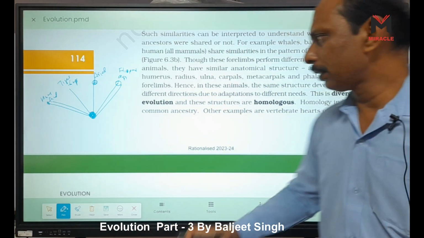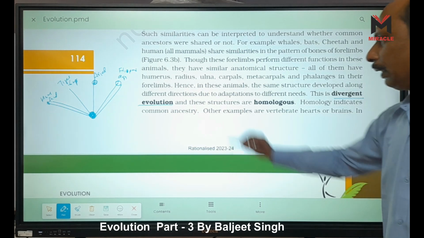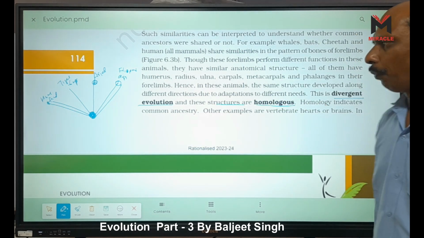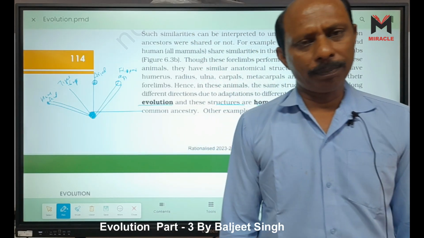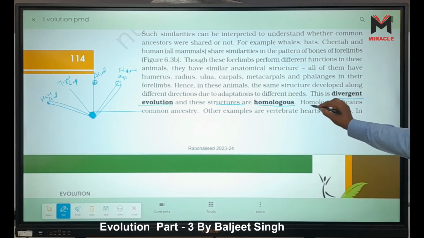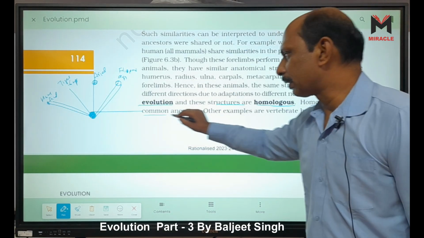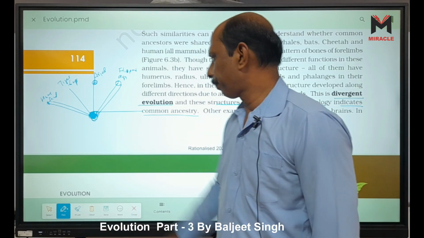So it is called divergent evolution, right? What is it called? Divergent evolution. And these structures are homologous. Why are they called homologous? Because origin is the same. They are anatomically the same, but functionally different, right? Homology indicates common ancestry. Look, common ancestry. Same origin is common ancestry, right?